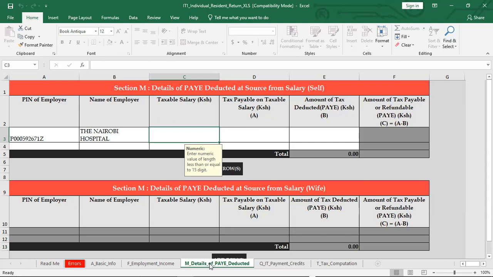So for example, if you go to the P9, go to column H. Are we there? Go to column H. It is called chargeable salary.